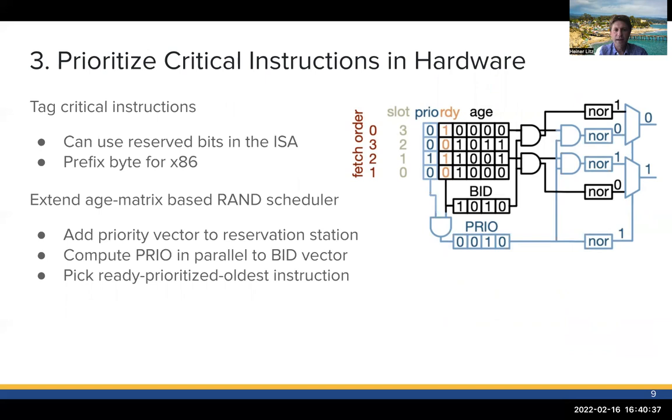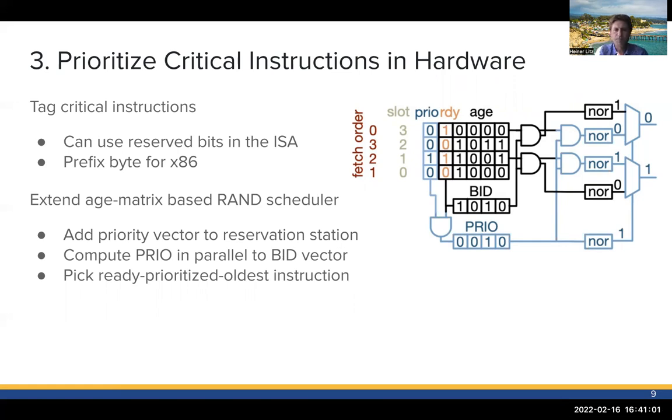We then extend the matrix-based RAND scheduler implemented in most modern microprocessors by a vector, a so-called priority vector, that tags every instruction that is waiting in the reservation station in the processor as being critical or not.